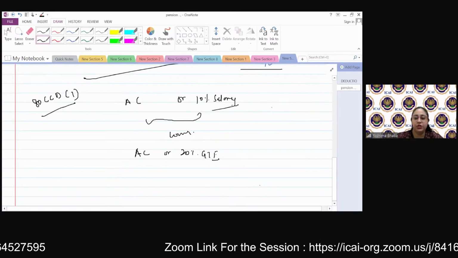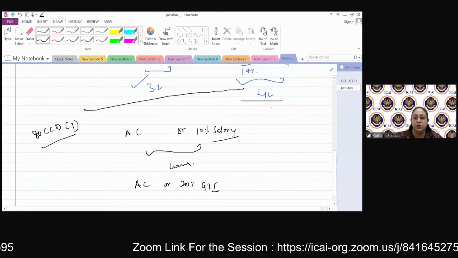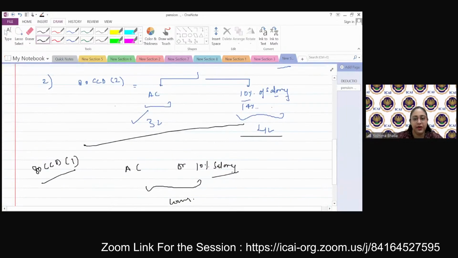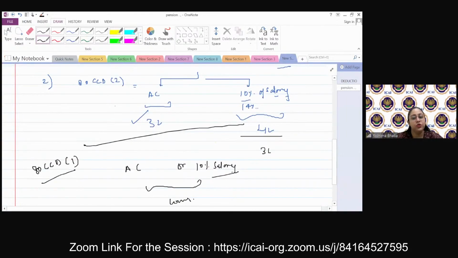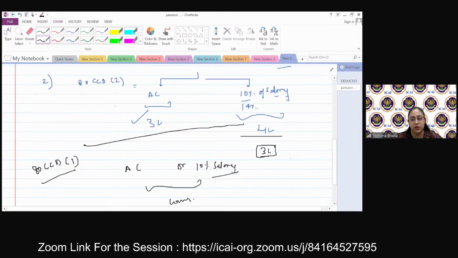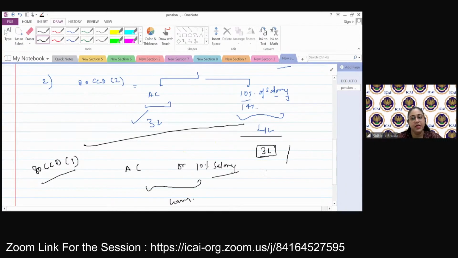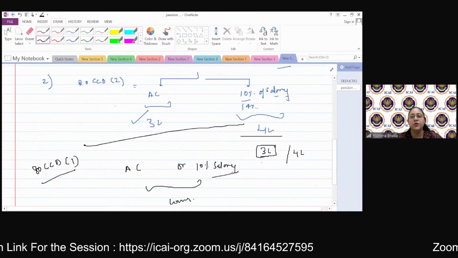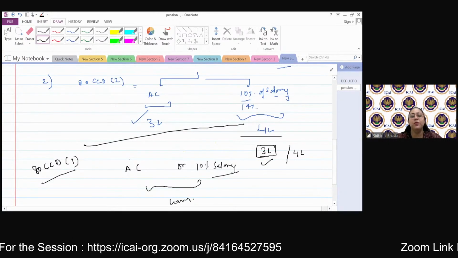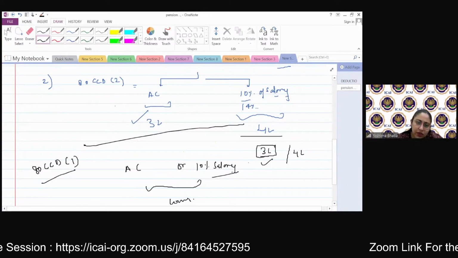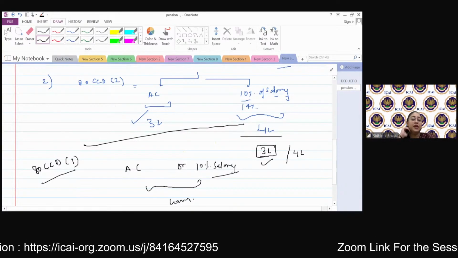Now suppose in the same question, the salary remains the same. Actual contribution was also 3 lakh and 10% of salary comes to 4 lakh. So you will say the deduction under section 80CCD 1 would be 3 lakh, because actual contribution or 10% of salary.